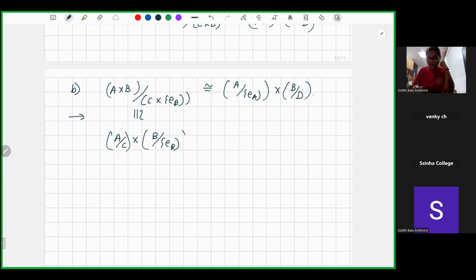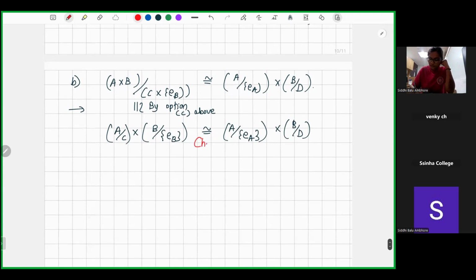So what we need to check is whether this is isomorphic, by option C above. Now we have to check this. We are now getting this.